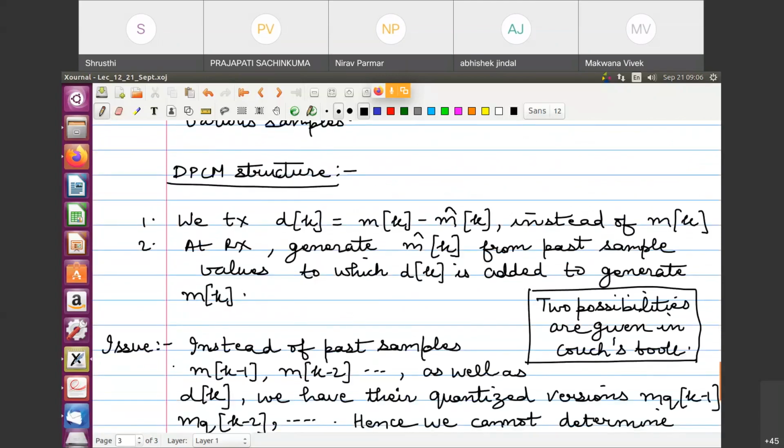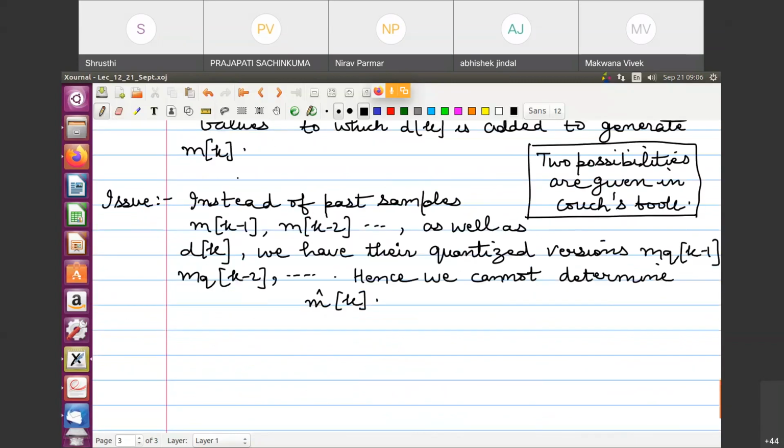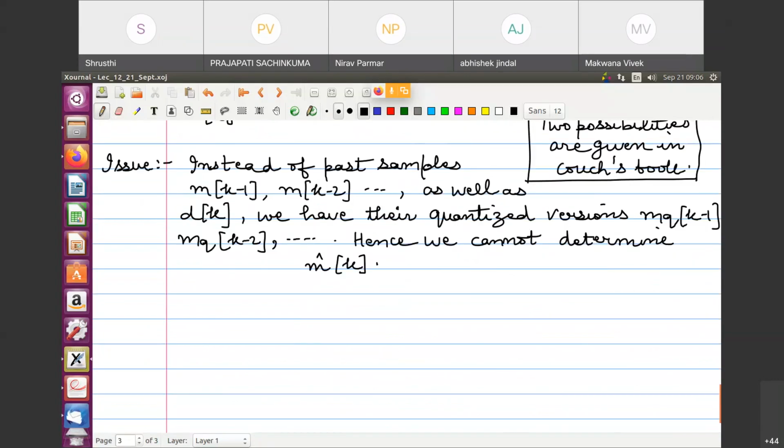If at all we need to use step 1, step 2, then we need to have d of k as well as the unquantized values or the original samples m of k minus 1, m of k minus 2, m of k minus n for this to give fruitful results. Okay, but it is an issue. So how to bypass that? Okay, first of all, let me just complete this.